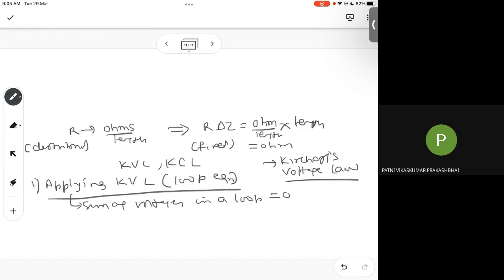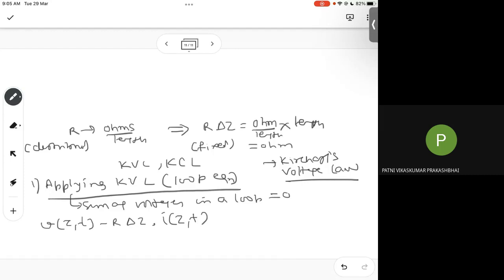In this case, if I apply the KVL in the previous circuit, my equation becomes very easy. V(Z, t) minus R delta Z into I(Z, t).